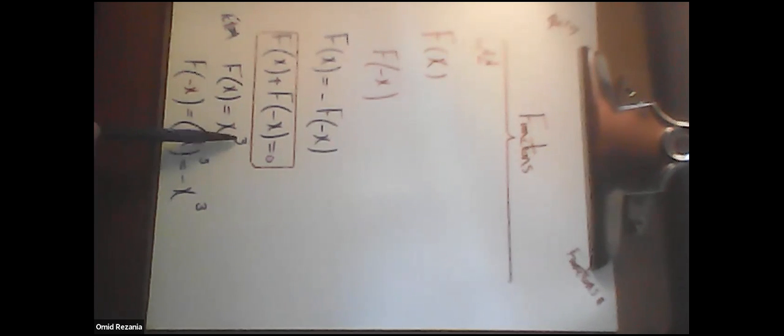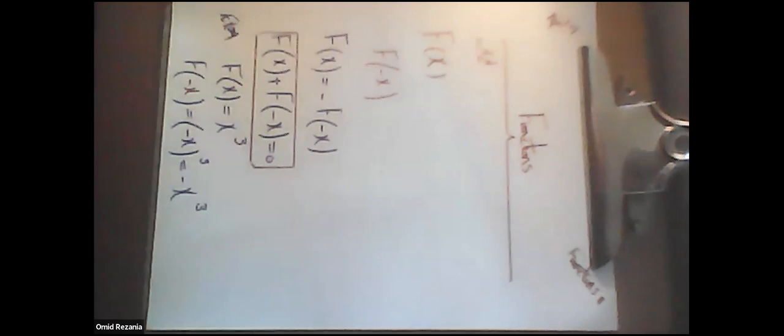You get minus x to the power 3, minus x cubed. Correct? Then you see that f of x is x cubed, but f of minus x is minus x cubed, which is minus f of x. If you add them together, the function gets to 0: x cubed plus minus x cubed becomes 0. That's the definition of an odd function.